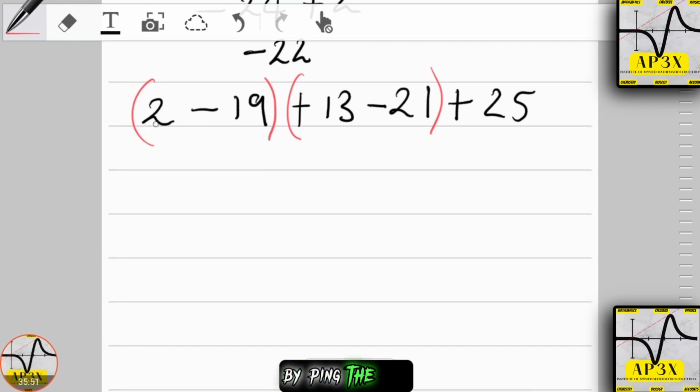So by paying the 2 that I have from the 19 that I owe, then mathematically I'm still going to be owing 17.